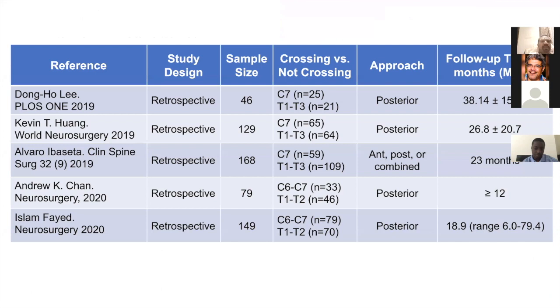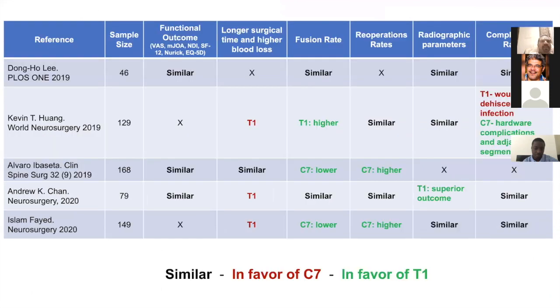So I selected the different types of outcomes and displayed them in columns. The table was highlighted in black if the comparative results between stopping at C7 and T1 were similar, in red when there was a difference in favor of C7, and green if there was a superiority of T1.